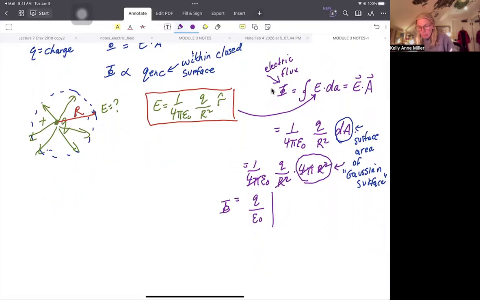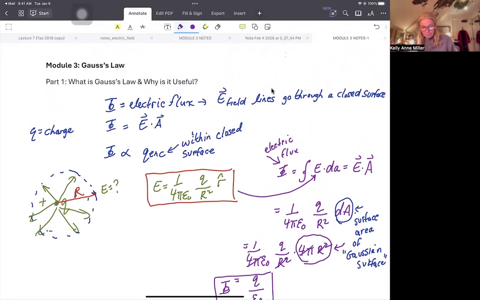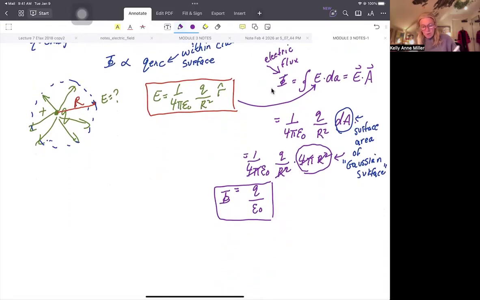Okay, so now we've got two different expressions for flux. We've got this one that I just derived using the definition of electric field. And then I've got the one that I mentioned before, where the flux is the integral of the electric field times that Gaussian surface area.